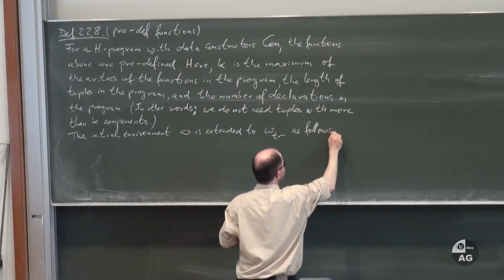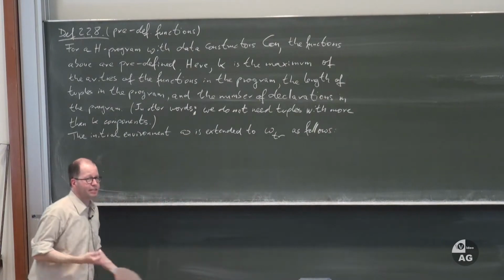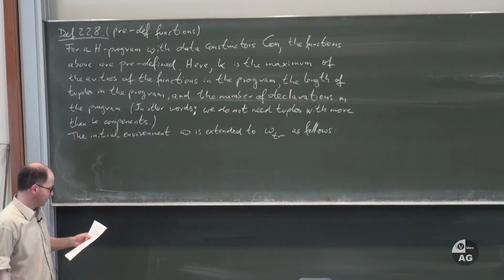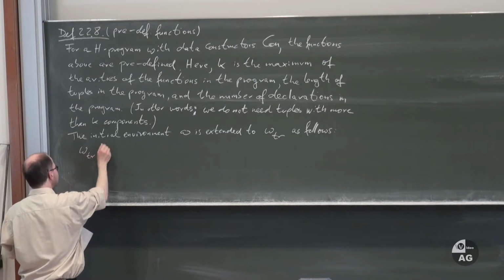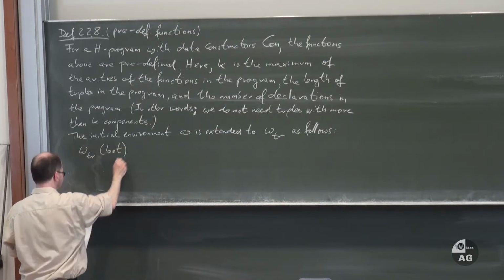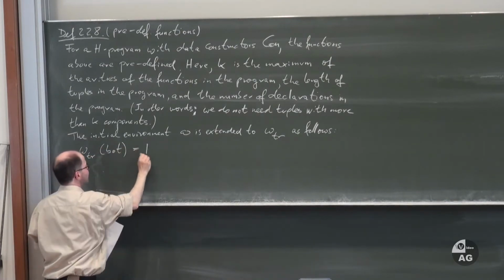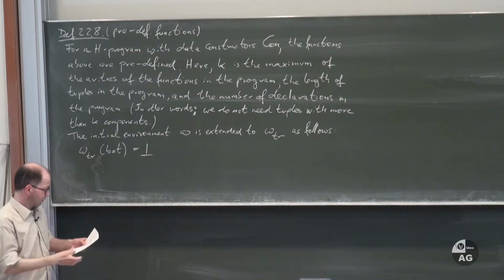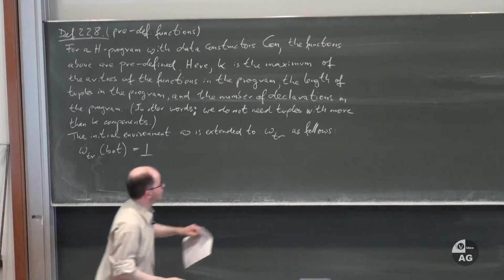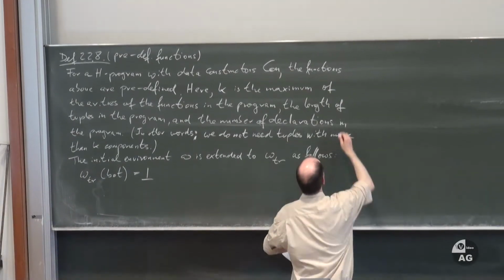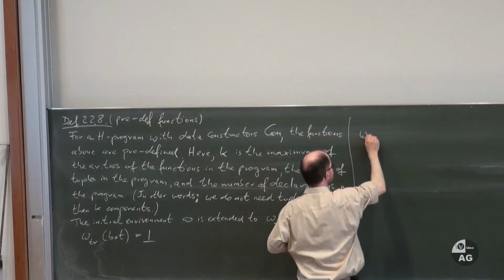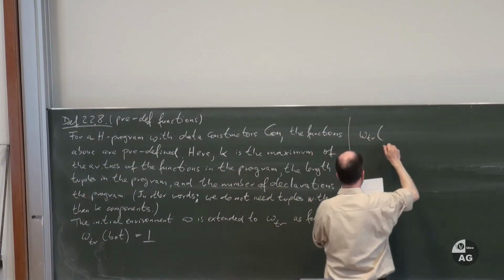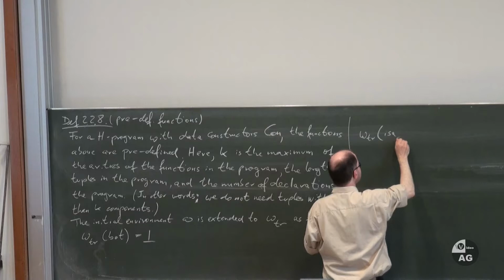What we do is assign the intended semantics to these additional predefined functions. So what's the desired semantics for this new function bot? Well, it's bottom. And what's the semantics for is a constr?